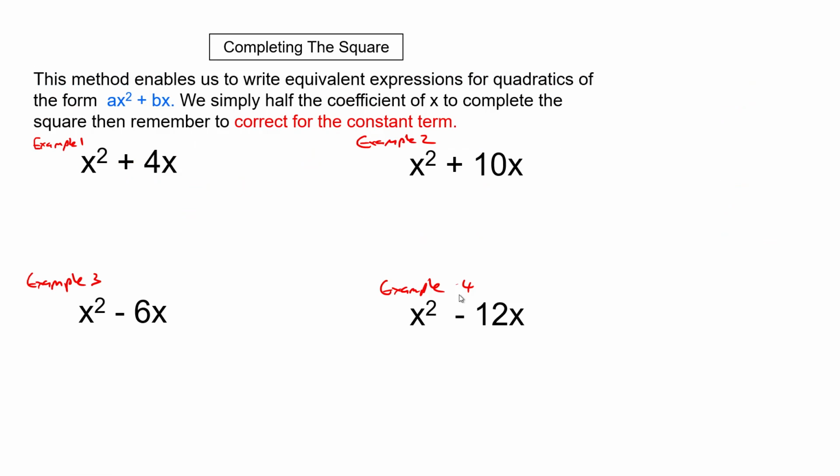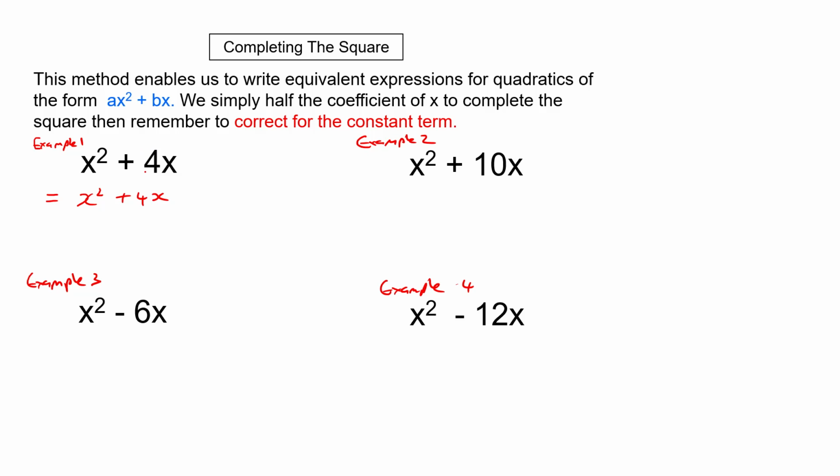Okay, so these are more typical questions you'll get. x squared plus 4x. Now, they haven't given us the constant term, so we've got to determine that for ourselves. So we can say x squared plus 4x is the same thing as, I think I've got enough room here, x squared plus 4x.